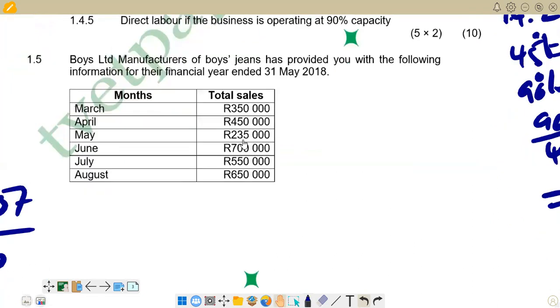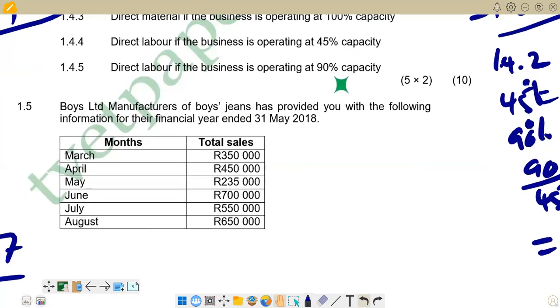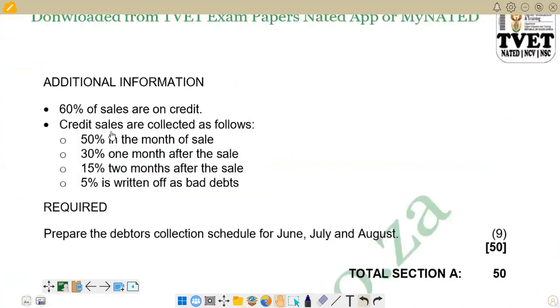Additional information: 60% of sales are on credit, very important, take note. Credit sales are collected as follows: 50% in the month of sale, 30% 1 month after the sale, 15% 2 months after the sale, then 5% is written off as bad debts. So we are going to prepare the debtors collection schedule.